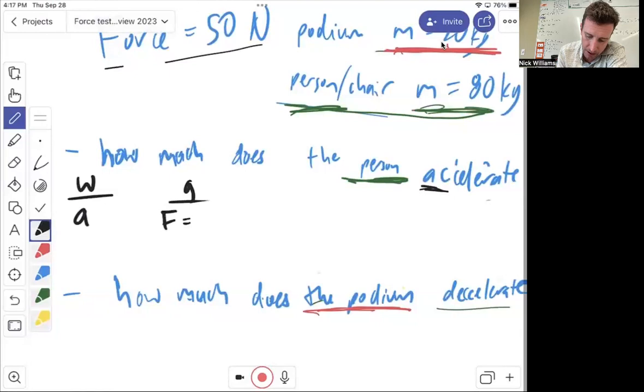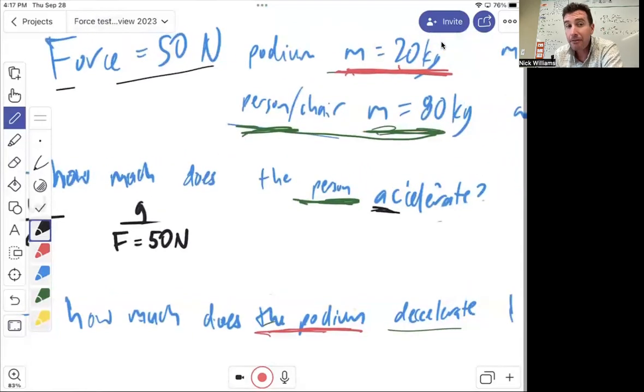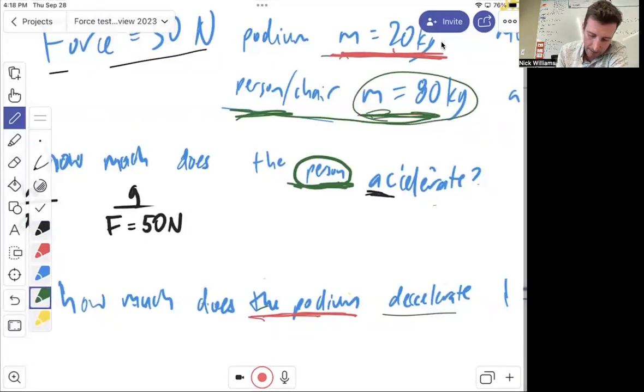So my force is going to be 50 newtons when they collide. And then I have two masses. I have the mass of the podium and the mass of the person. I'm going to pay more attention to the object that I'm solving for. In this case, I'm solving for the person, so I'm going to use the mass of the person. So my mass is going to be 80 kilograms.